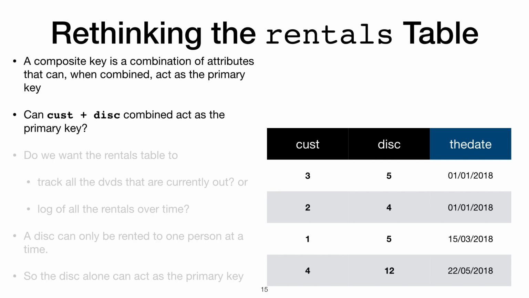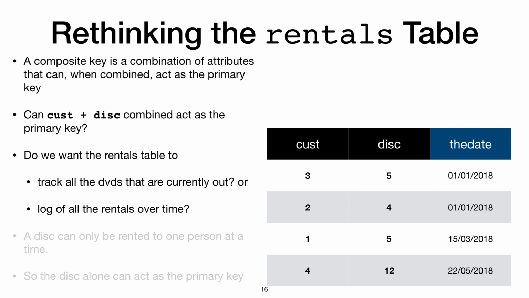So the first question is really, do we want the rentals table to track all of the DVDs that are currently rented, that are currently out? Or do we want a log of the rentals over time? Because those are two different things actually. Okay?